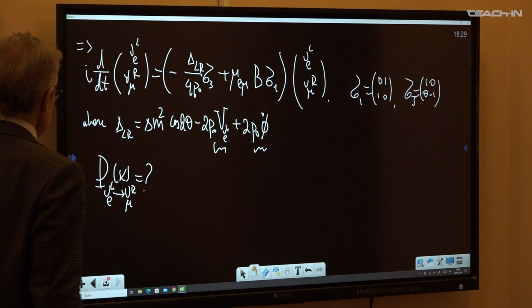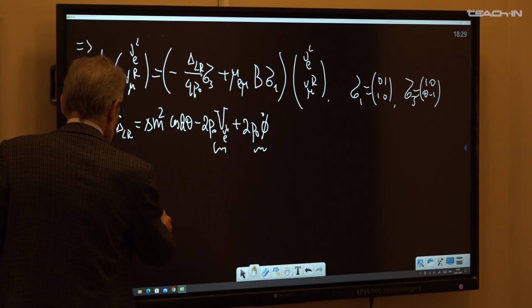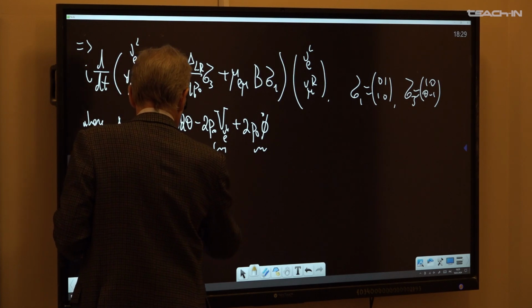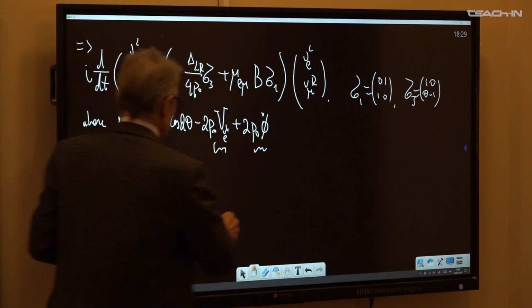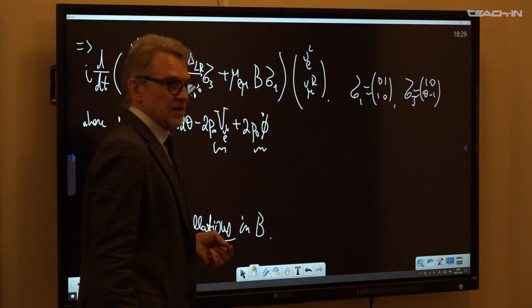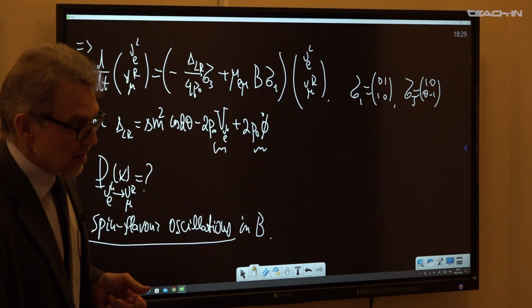This is the probability of spin flavor oscillation in magnetic field. In twisting magnetic field, yeah? Okay. Well, thank you.